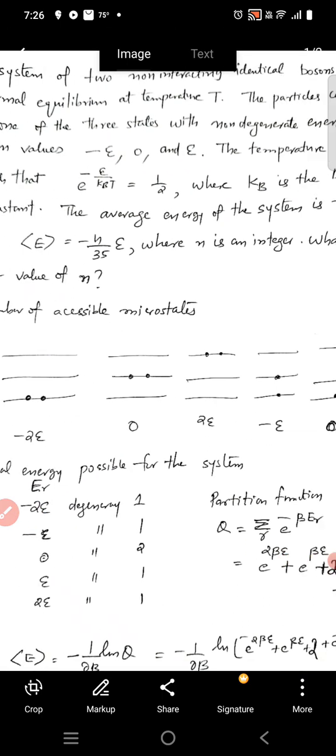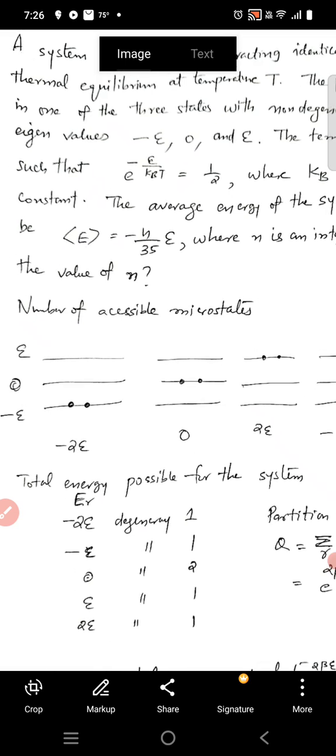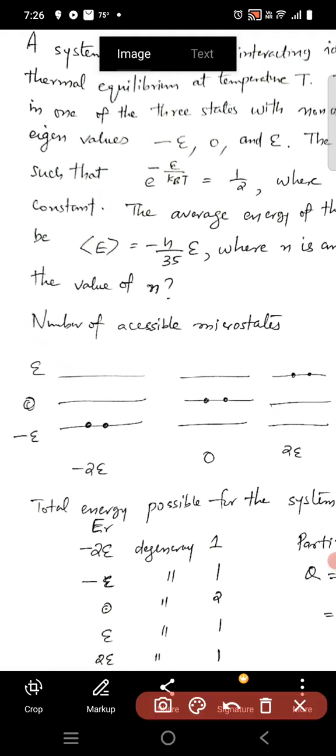What is the value of n? So the question is, what is the value of n? So the average energy expression is given by minus n over 35 epsilon, where n is an integer, and one has to determine the value of n.